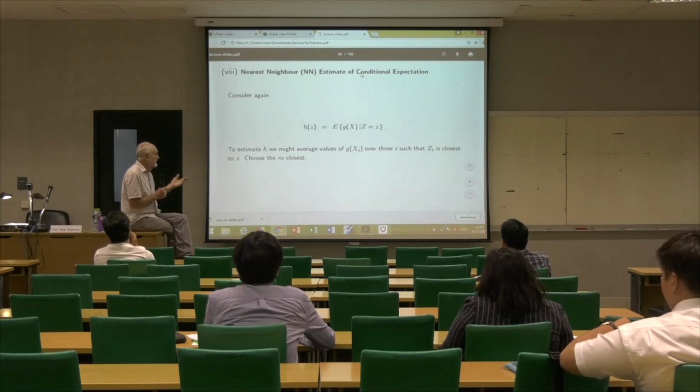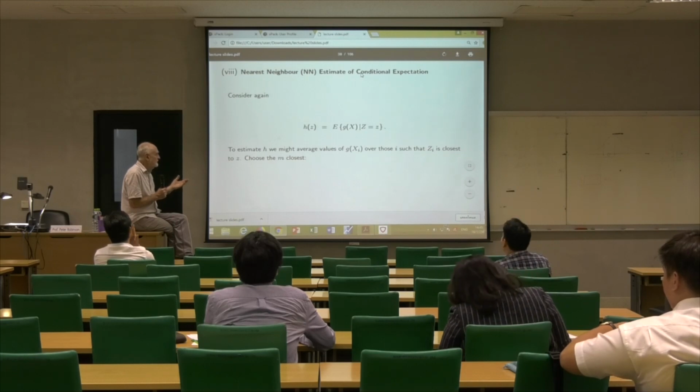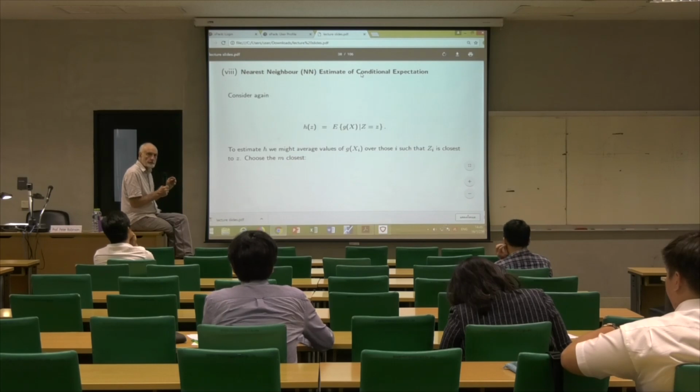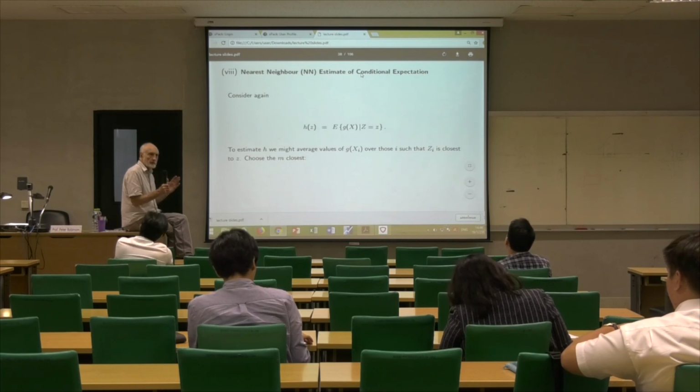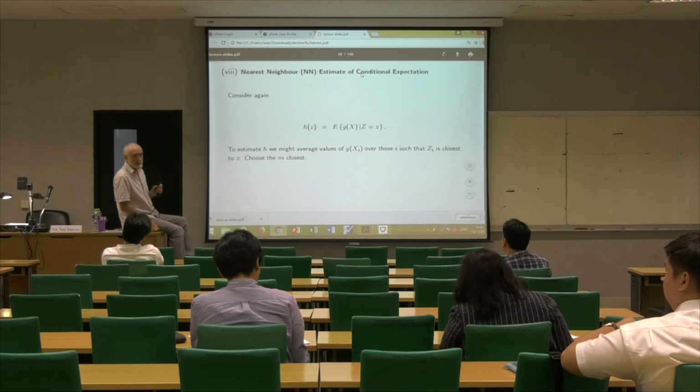Wouldn't a sensible thing to do be to just say, well, look, let me look at a certain number of observations such that capital Z is closest to little z? So just looking at the distances rather than saying, well, let's choose a certain number within a certain region that are close. So these are the nearest neighbors.